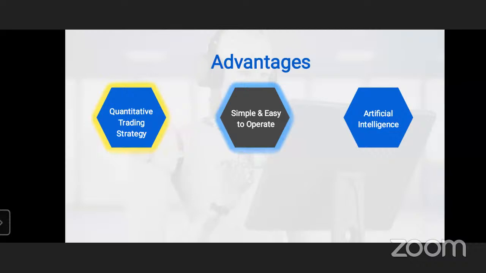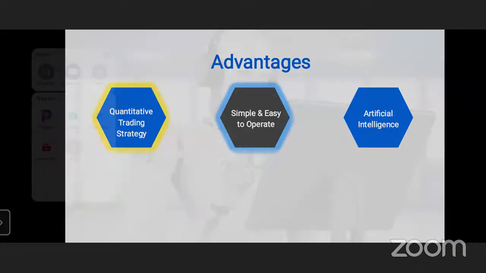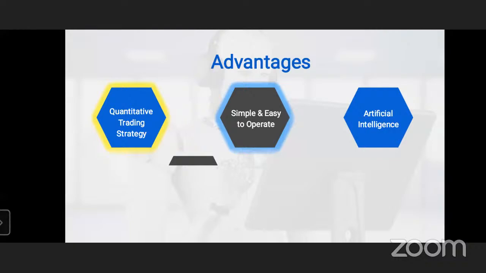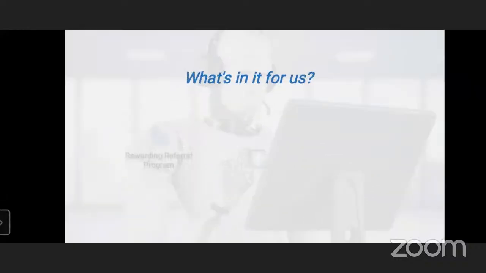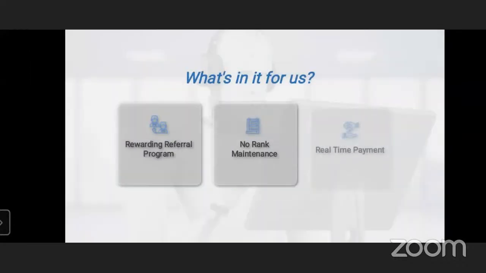Why artificial intelligence? It is there for you 24 hours, 7 days. Security, that's your money is secure, and it's a real-time strategy. So what is it in for us? Is this an opportunity you can share? Yes, of course.